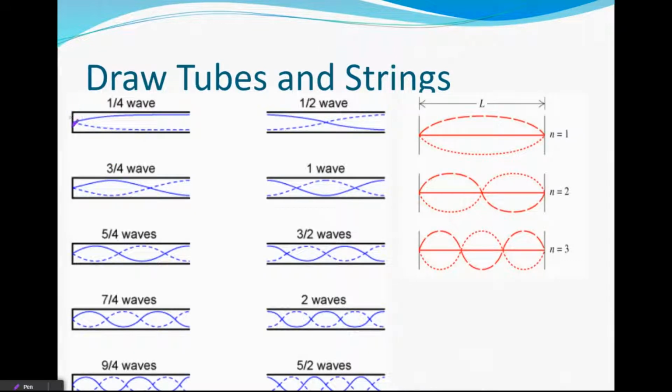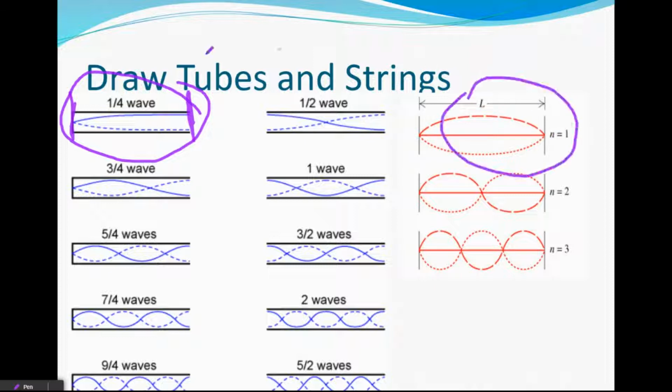So here I have on the left, these guys are open and closed, just like what you saw, where this end is closed and this end is open. This is one where it's open on both ends, like the marimba I showed you. And then over here, these are like your guitar and piano strings.